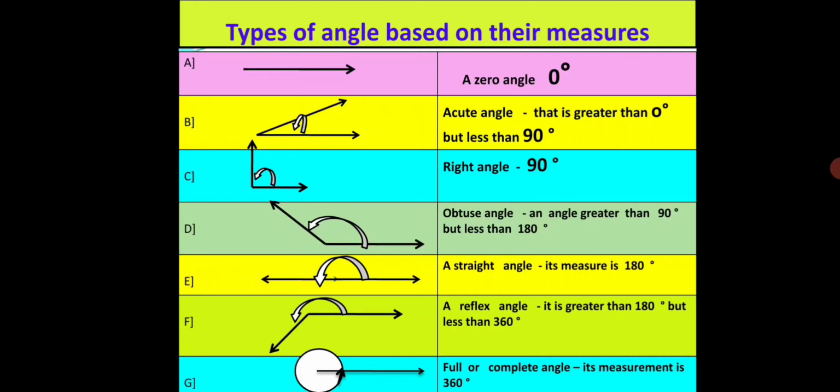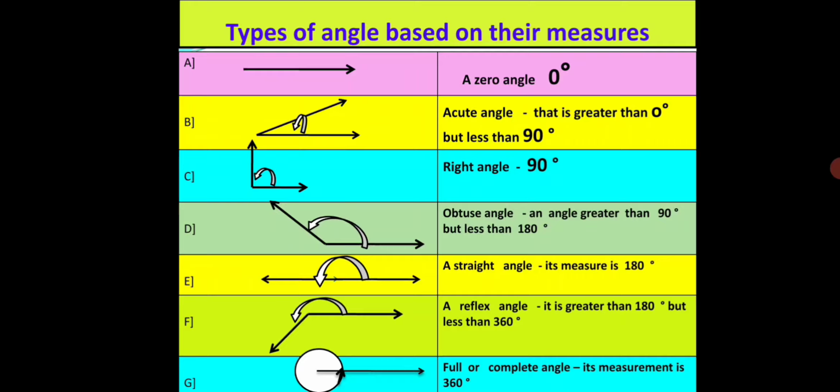The first one is figure A. In that figure the measure of the angle is 0 degree, so we call that angle a zero angle. Figure B has a measurement greater than 0 degree and less than 90 degree. That's why the angle is called an acute angle.